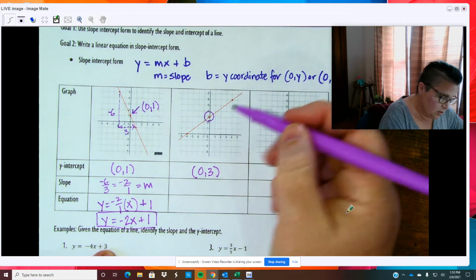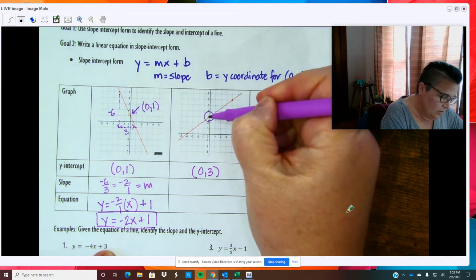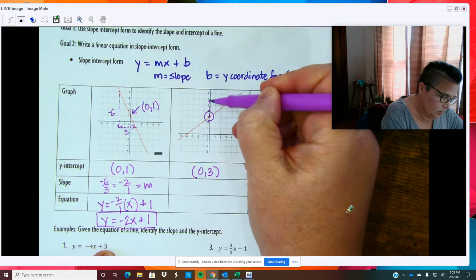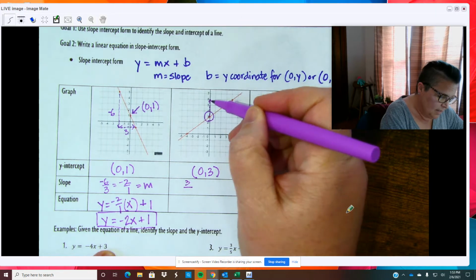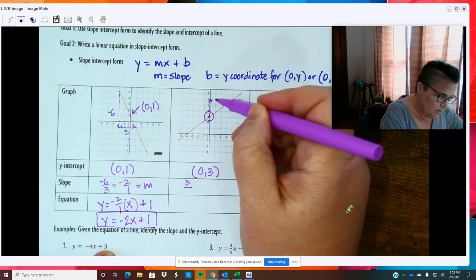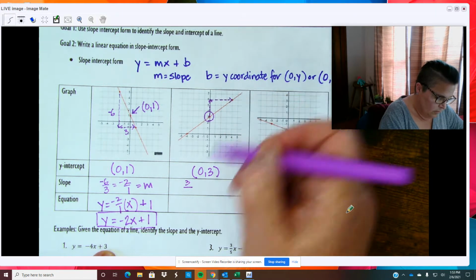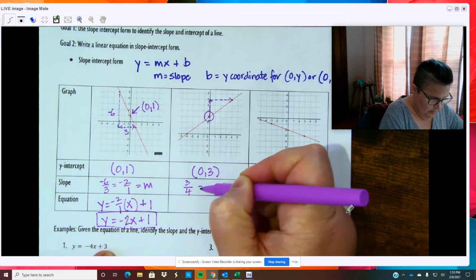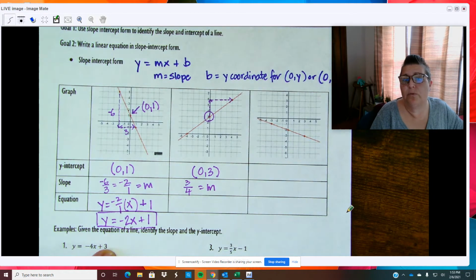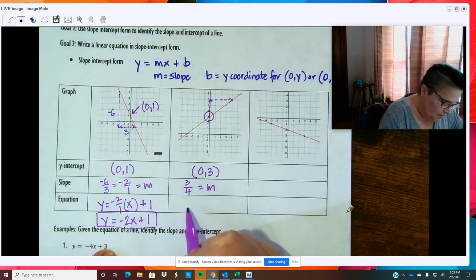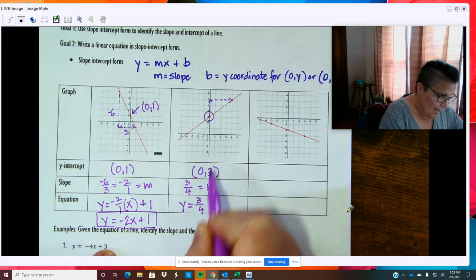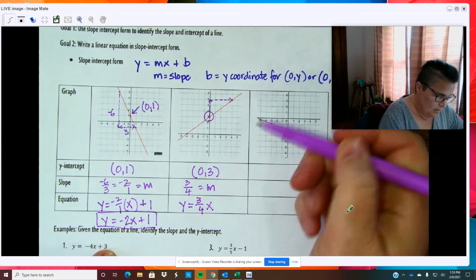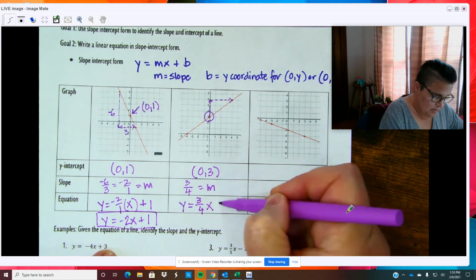The slope is the triangle here between the points. I'm going to go up 3. It's always the rise over the run. 1, 2, 3, 4. Doesn't simplify, so 3/4 is my slope. That means my equation would be y equals mx plus b.